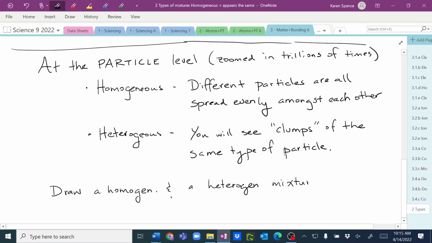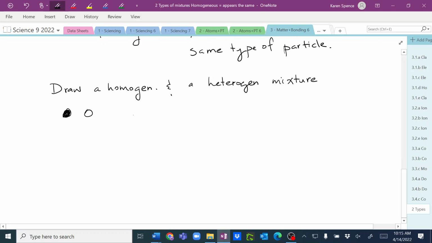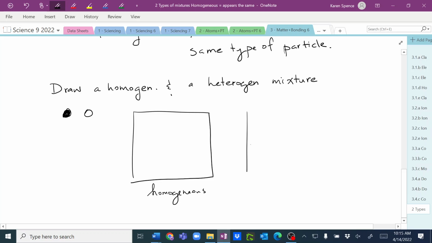You can use other particles as well, but a simple one would be black circles and white circles. You could use squares if you want to. So you're going to draw one little box that contains a homogeneous mixture and one little box that contains a heterogeneous mixture.